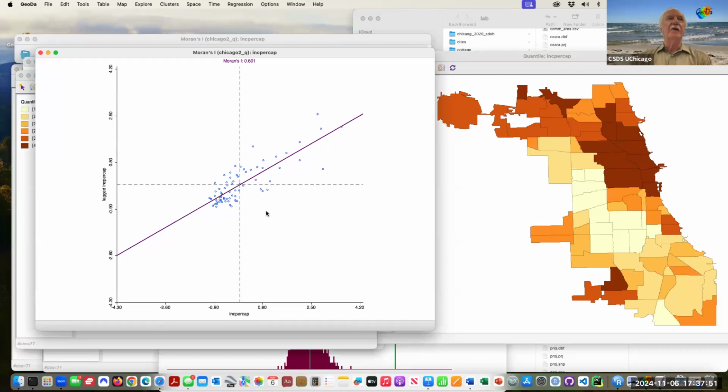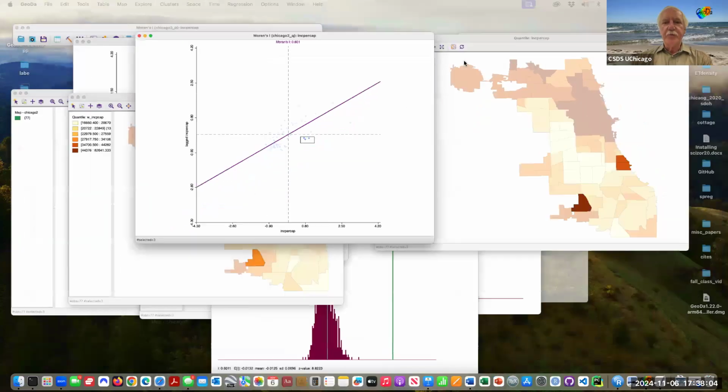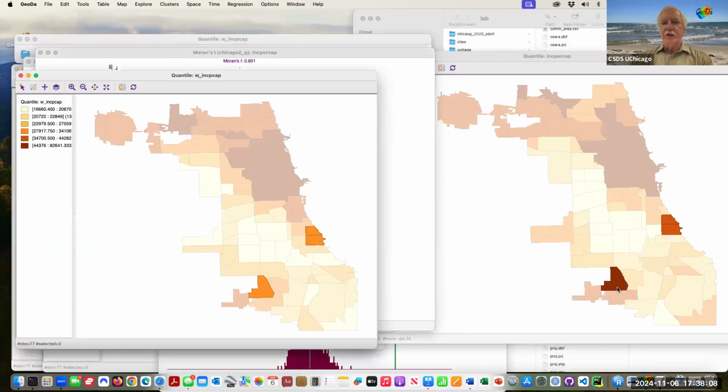Then the off diagonals are high values surrounded by average of the neighbors that are below the mean. I call this high, low. And if we look at the maps, this one is the best one. Dark, not so dark.